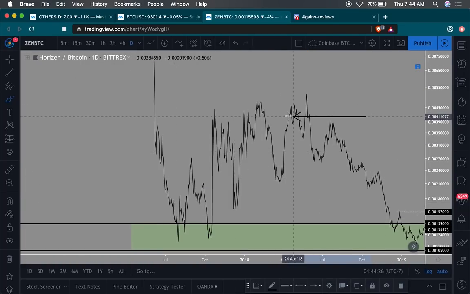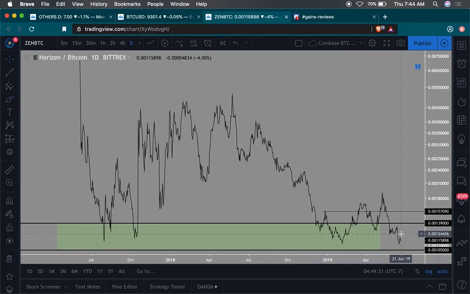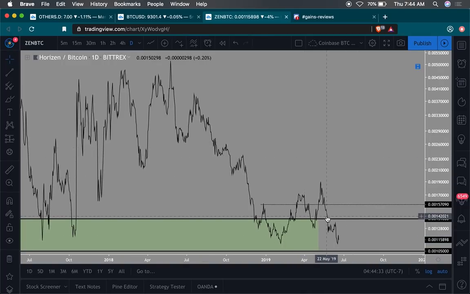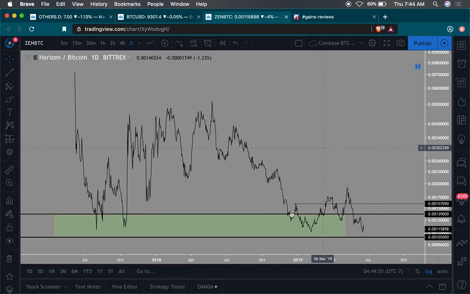Okay, and I bought in this region down here last year, and you can see it's come back to this level. So I'm going to probably pick up a little bit more while the prices in terms of Satoshi level are low. I may even trim down some of my position because the Satoshi value may have gone down, but the US dollar value for Horizon had gone up significantly. Okay, so this was one of my strong long-term positions, and I got in again because Grayscale Investments, which is a big investment fund, got onto Horizon.